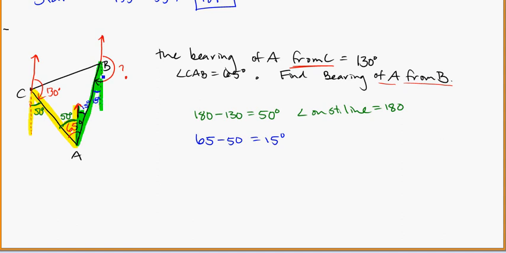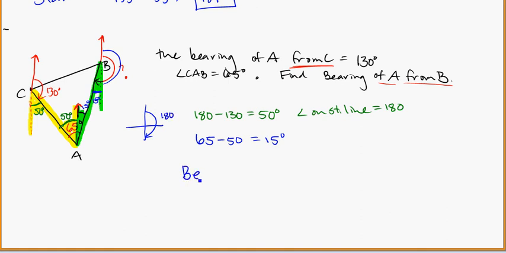So we've got part of our bearing. We know from straight down from north over to the A is going to be a total of 15 degrees here. But now we've got to remind ourselves how much the rest of this is. So in our compass points here, from north to south is 180 degrees.